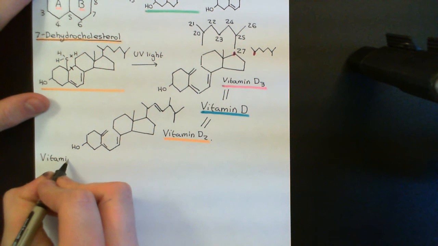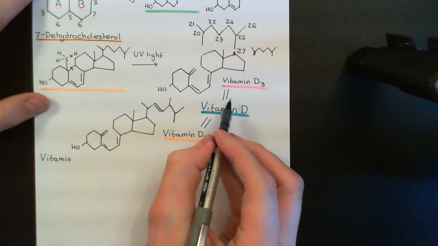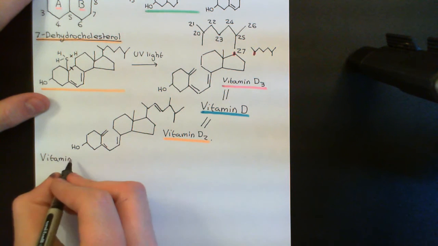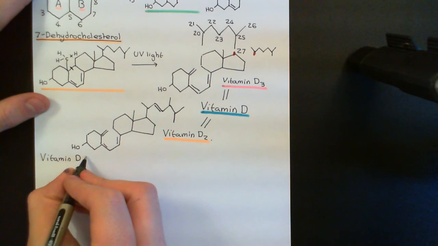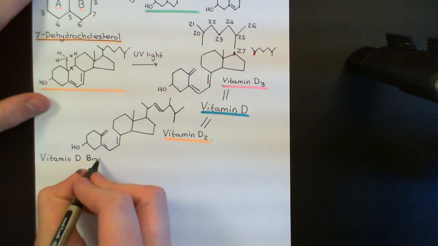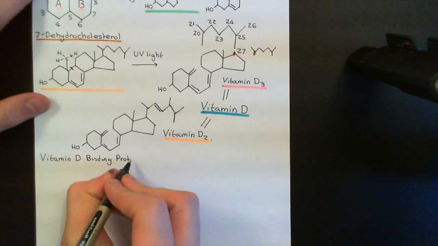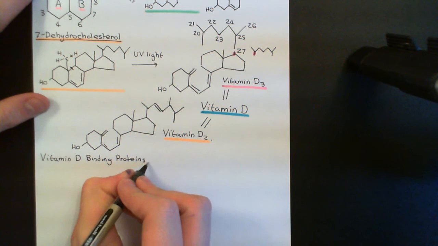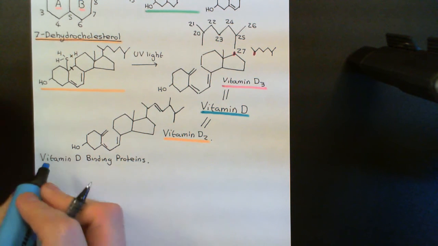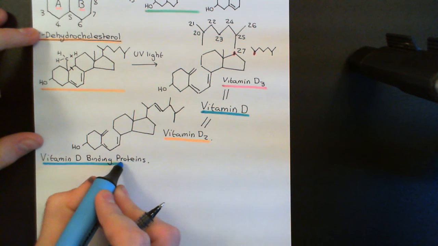So in order for the vitamin D molecules and the derivatives of vitamin D molecules, which we're going to talk about, to be transported around the blood, there are vitamin D binding proteins in the blood which will bind vitamin D molecules. So, vitamin D binding proteins.